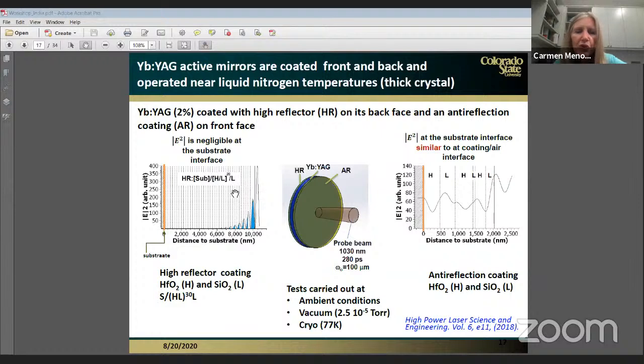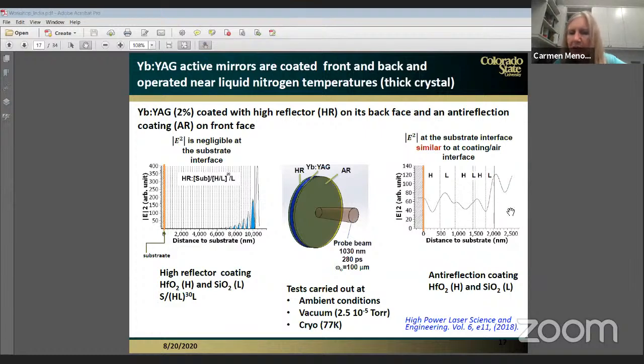Now, for a high reflection coating, the type of geometry that we use is shown here. Again, remember I told you the electric field intensity will be very high at the AR coating interface. On the contrary, for an anti-reflection coating, the standing wave electric field looks like this.